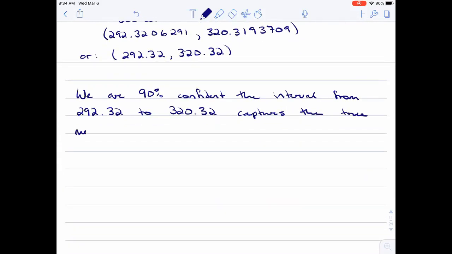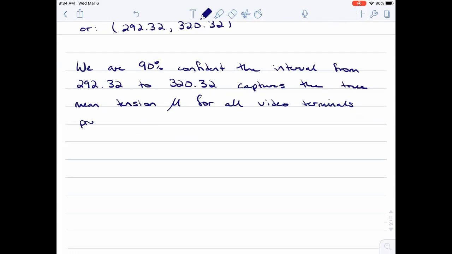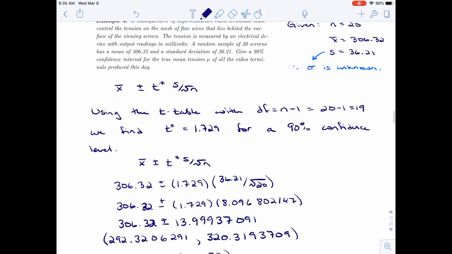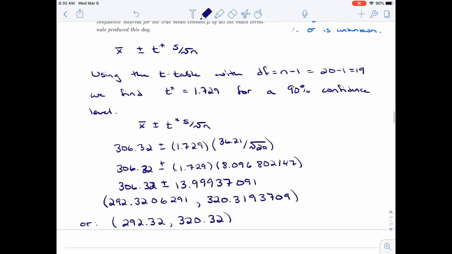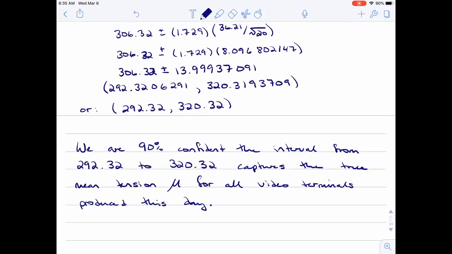The true mean tension mu for all video terminals produced this day. How would I do? Oh well, pretty good.